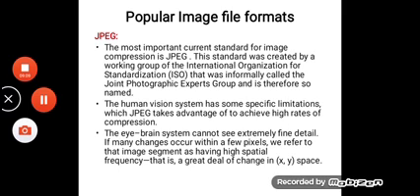This standard was created by a working group of the International Organization for Standardization, that was informally called the Joint Photographic Experts Group. So that is the full form of JPEG, Joint Photographic Experts Group, and it is basically a standard which people normally use nowadays because of its better compression ratios.